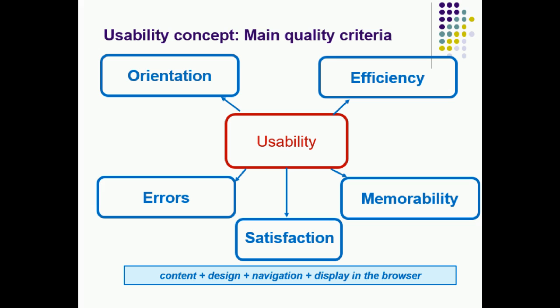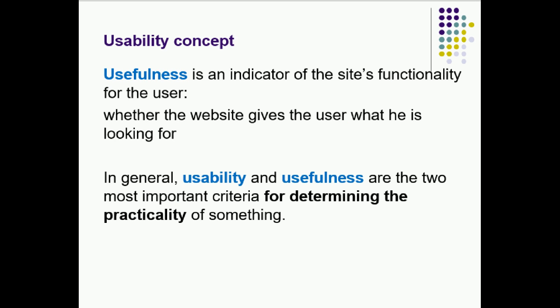The number of errors made by the site visitors, and methods of eliminating these errors. And 5. Satisfaction. It's the subjective degree of user satisfaction, emotional perception of the site. Content plus design plus navigation plus display in the browser.